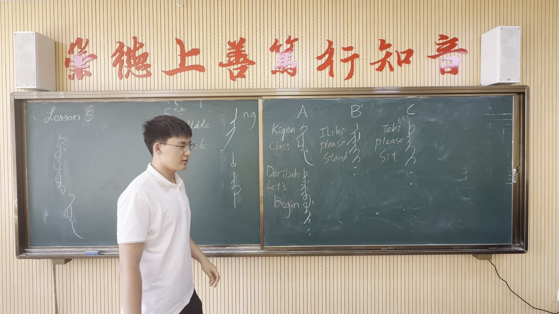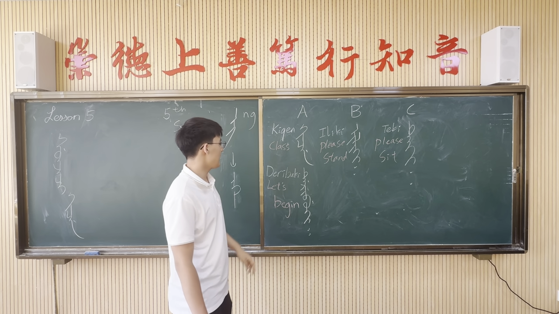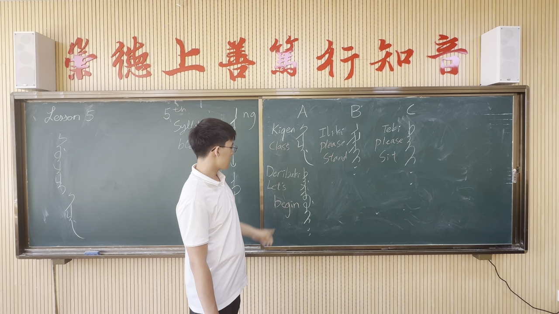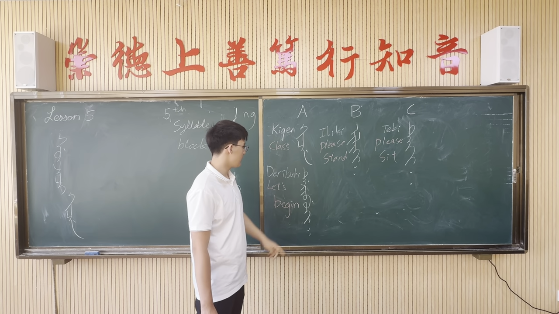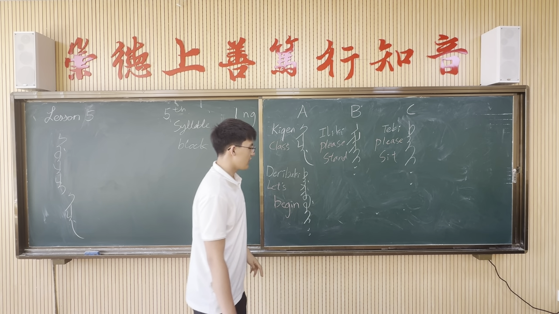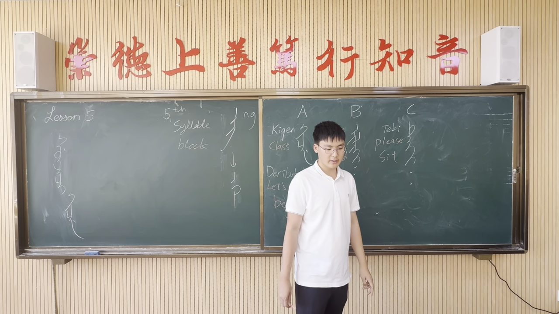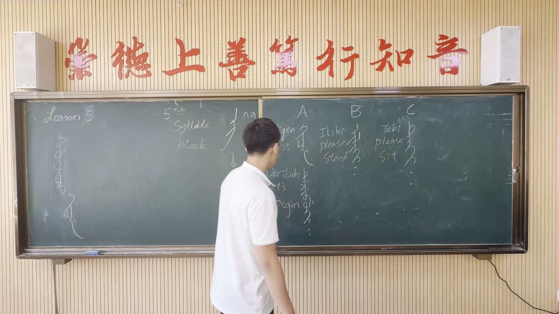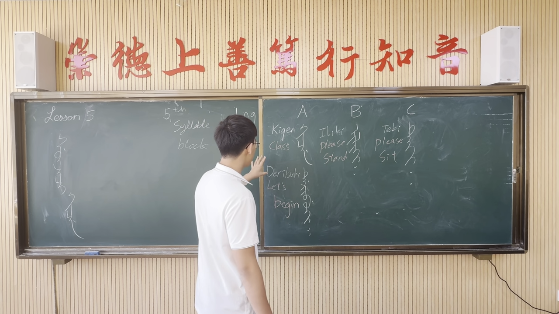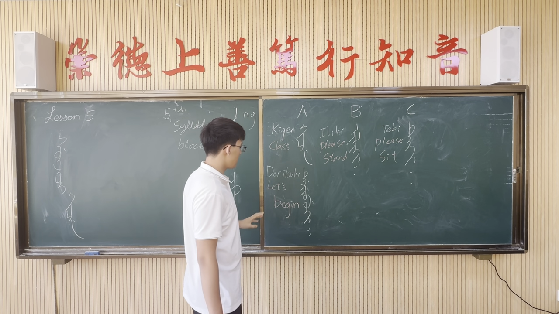If you translate it to the standard grammar of English, it's actually, let's begin class. The grammar of Manchu and English are very, very different, which is why some words directly translated might not make any sense.